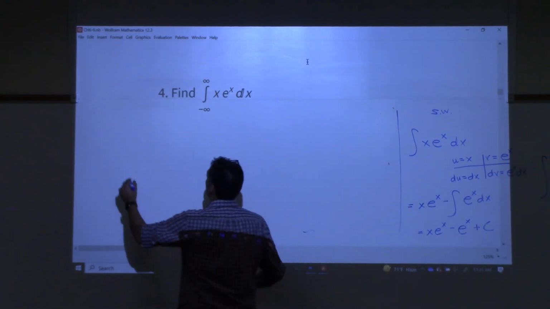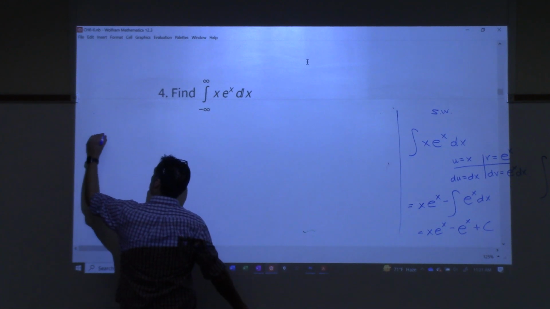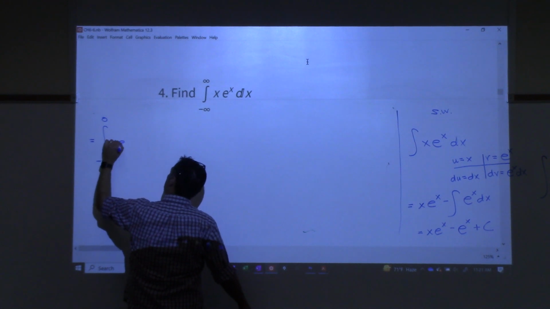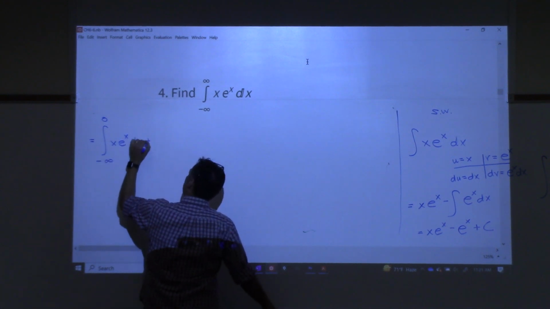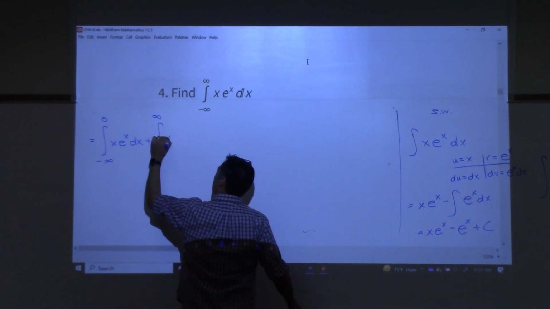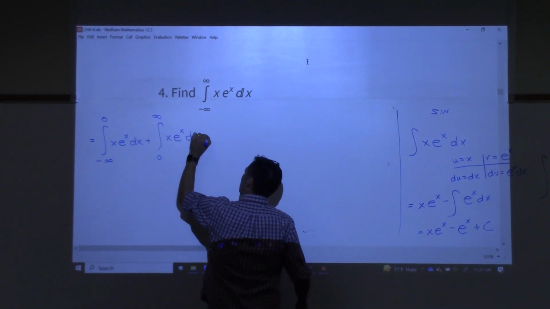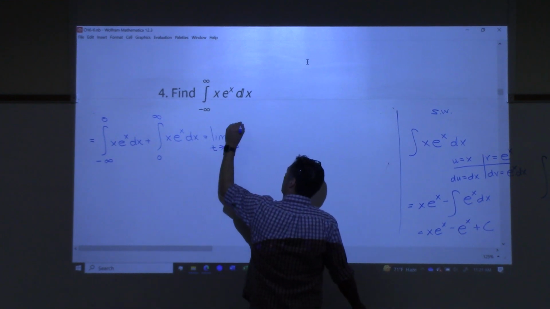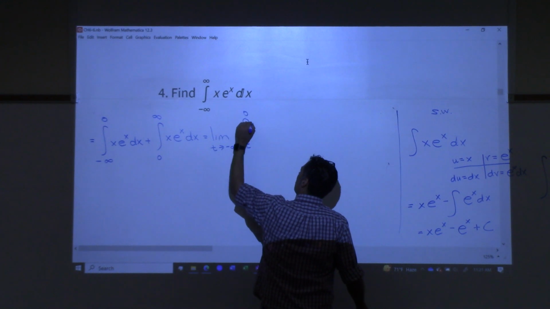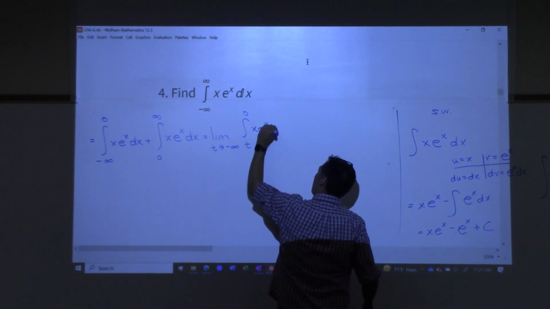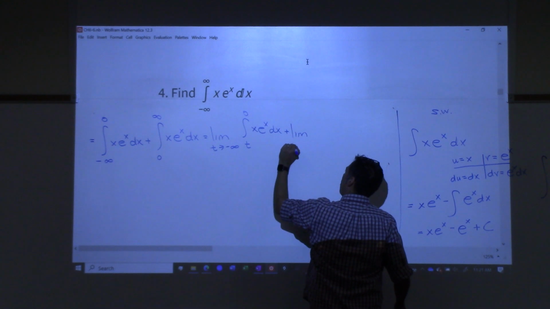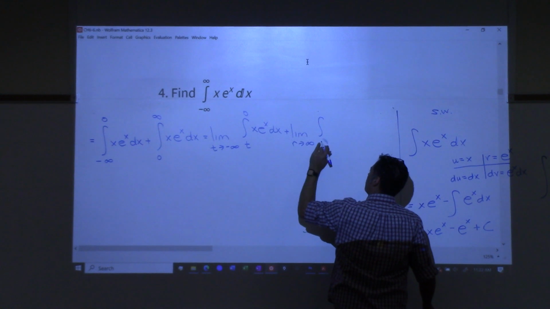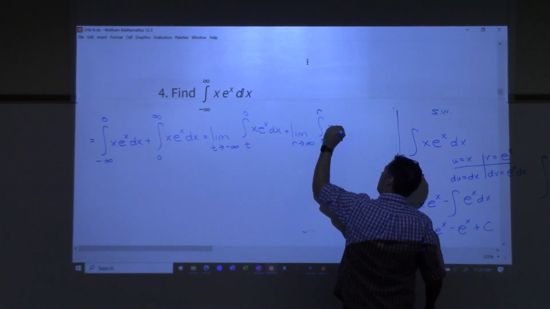Let's now get back to this. That is equal to the integral from negative infinity to 0 of x e to the x dx plus the integral from 0 to infinity of x e to the x dx, which is equal to the limit as t goes to negative infinity of the integral from t to 0 of x e to the x dx plus the limit as r goes to infinity of the integral from 0 to r of x e to the x dx.